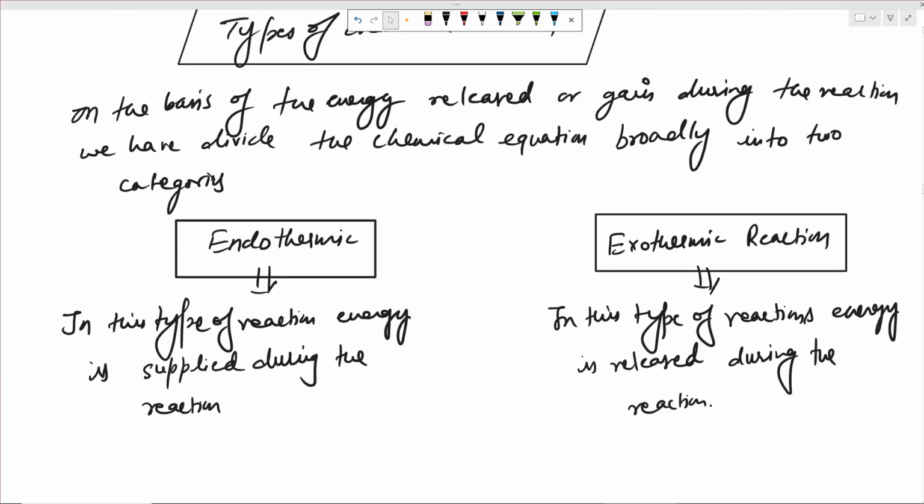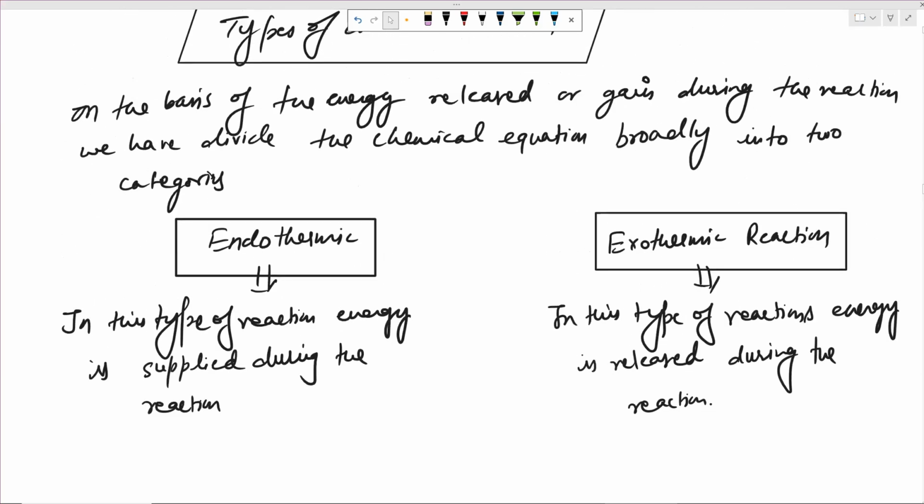Could you go up? Do this one, please. Okay. I'm done.